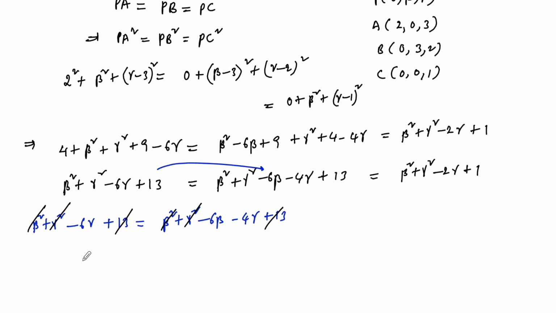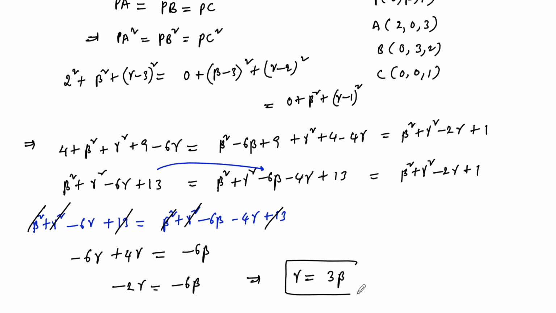So we have minus 6 gamma, and here minus 4 gamma will come here, plus 4 gamma is equal to negative 6 beta, or we can write minus 2 times gamma is equal to minus 6 times beta, or we can just write gamma is equal to 3 times beta.